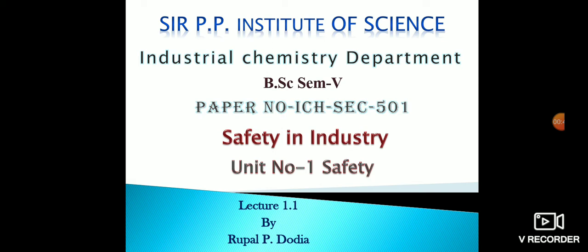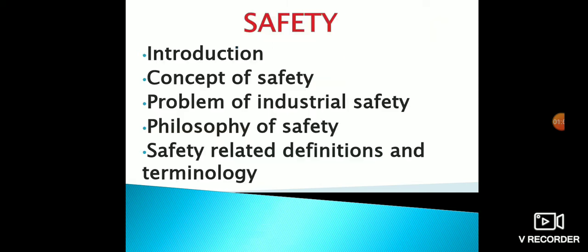So we will start with your unit number 1, safety, and we will discuss its syllabus, and then we will discuss each and every point in detail. So we start with its syllabus. In this unit number 1, safety, you have mainly 5 points.